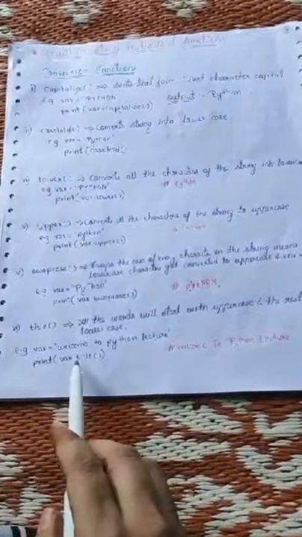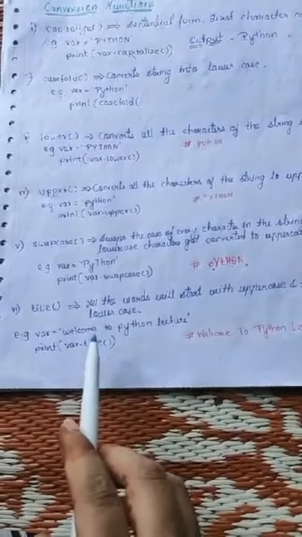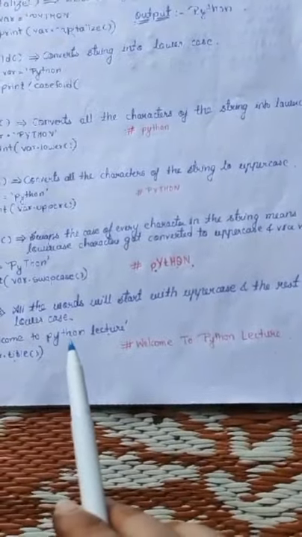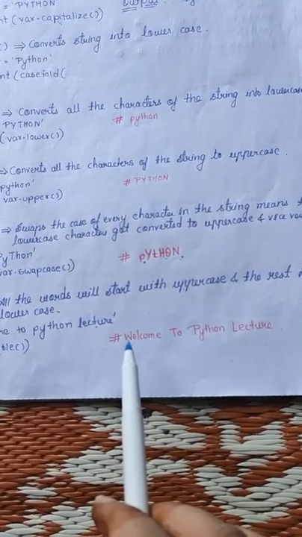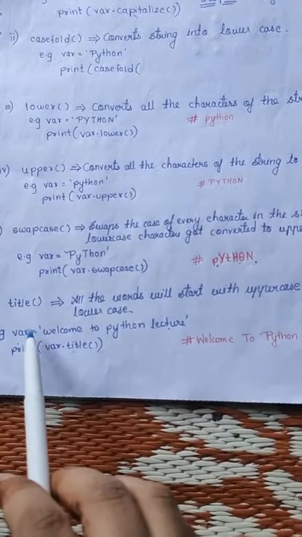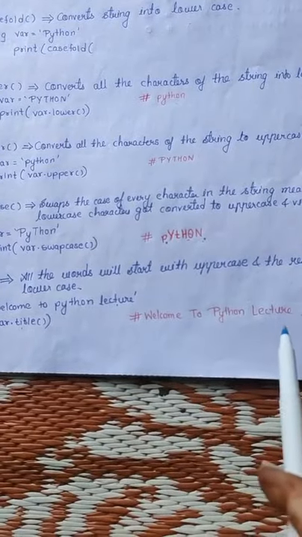But when I use title case, it is going to make the change to the first character of every word. As you can see over here, W, T, P and L, which were lower in this string, will be converted to upper over here.